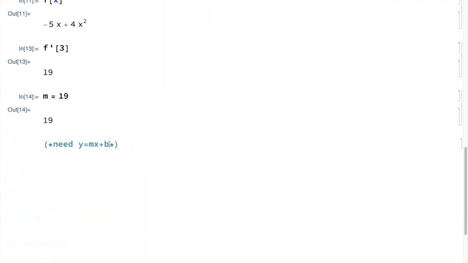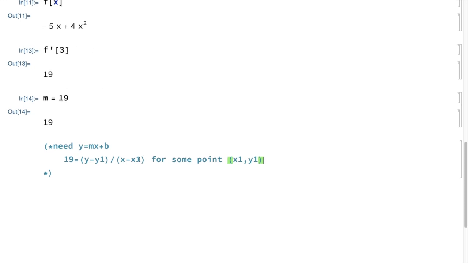Okay, well, let's see here. I am going to put this into point gradient form, so the slope is going to be on the left. I'll have y minus y1 divided by x minus x1 for some point x1, y1. Well, why don't we actually use this point at x is equal to 3? So this is going to be 3 for my first x point.